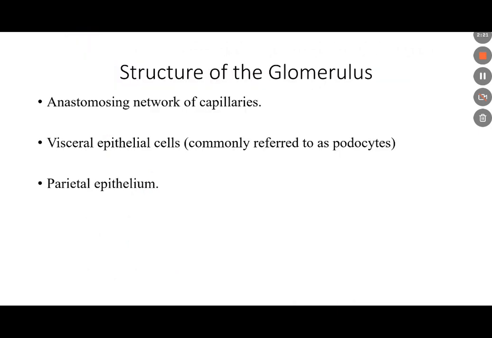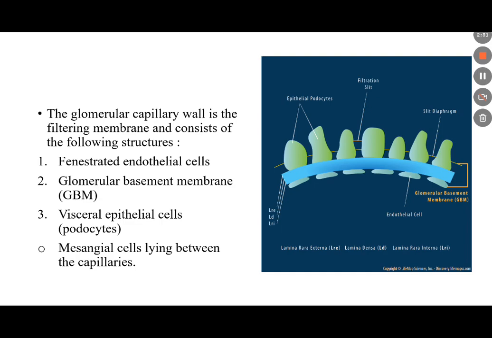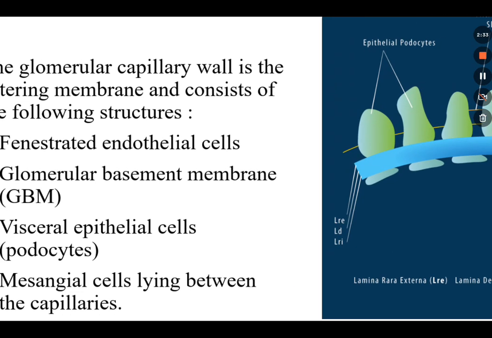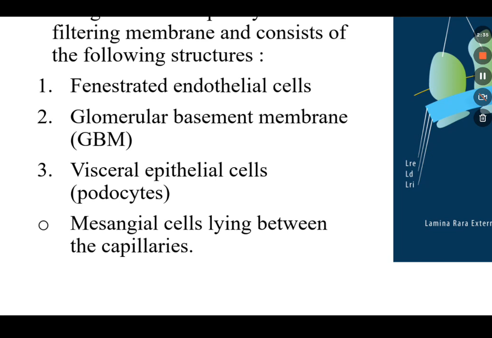Okay. So the structure of the glomerulus is an anastomotic network of the capillaries. Then we have the visceral epithelial cells, and then we have the parietal epithelium. So the glomerular capillary wall is the filtering membrane, and it consists of fenestrated endothelial cells, because it is the capillary. Then we have the glomerular basement membrane.